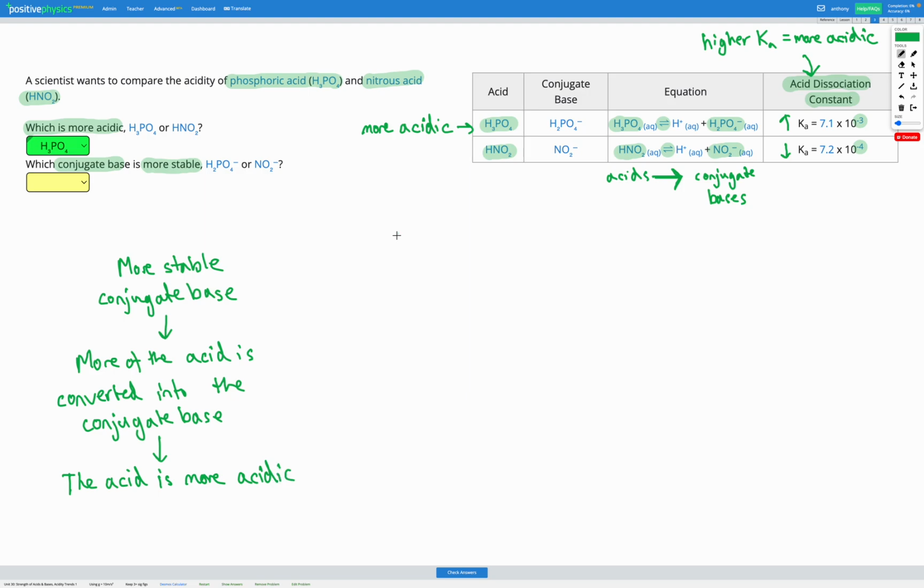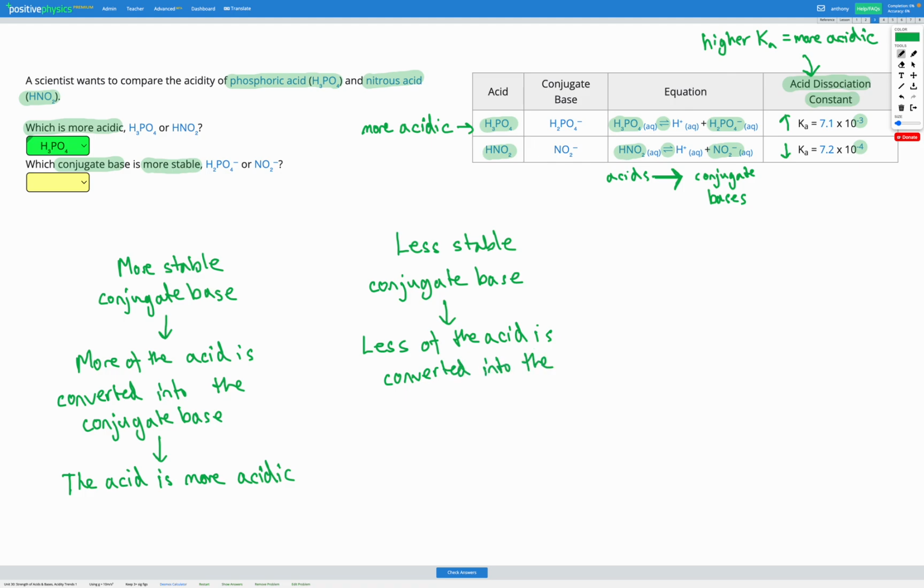On the other hand, if we have a less stable conjugate base, that means less of the acid is converted into the conjugate base.